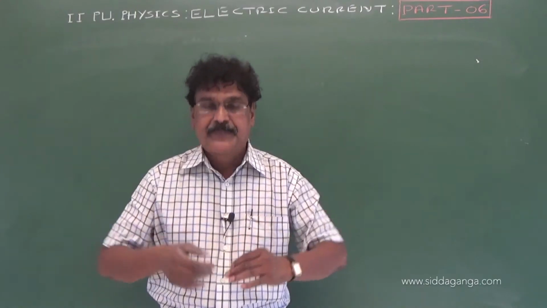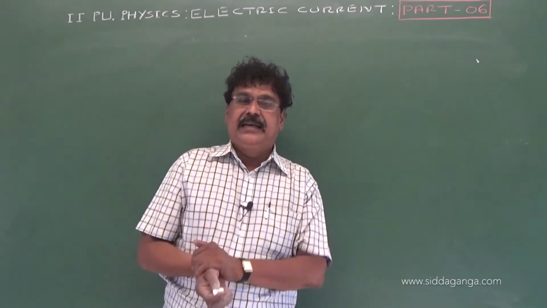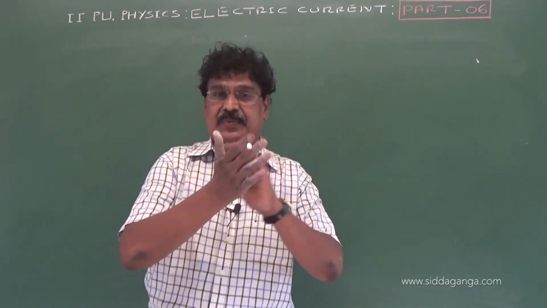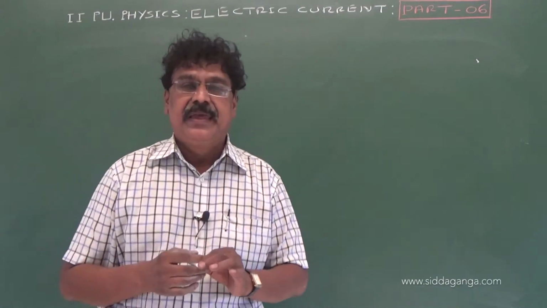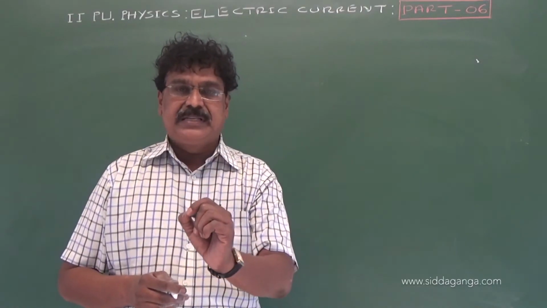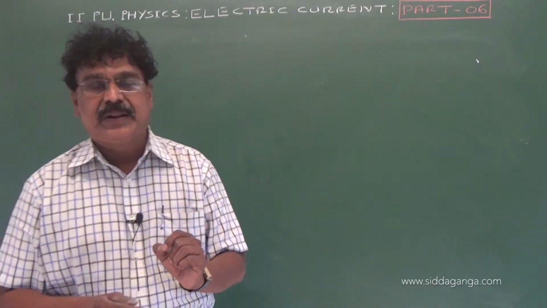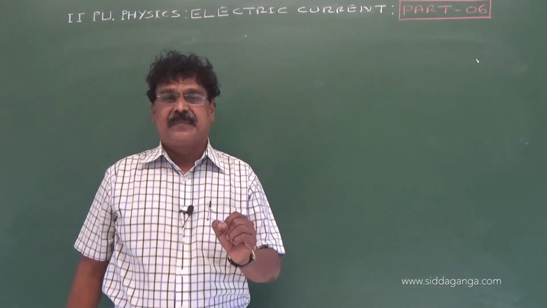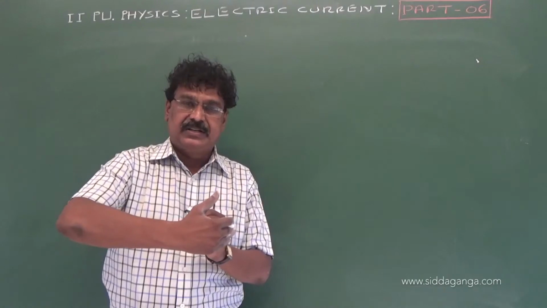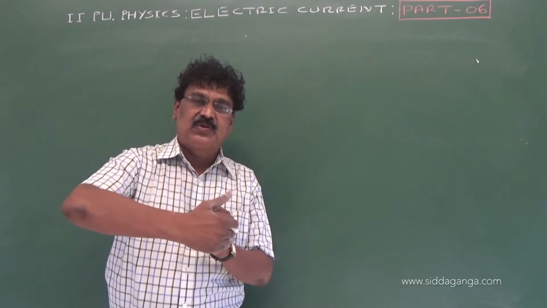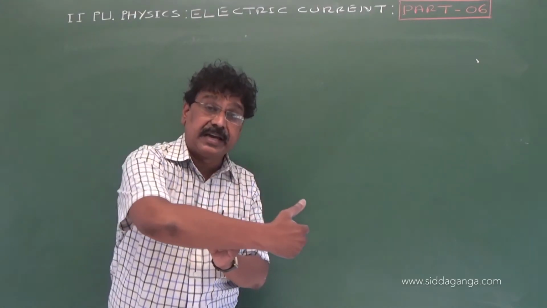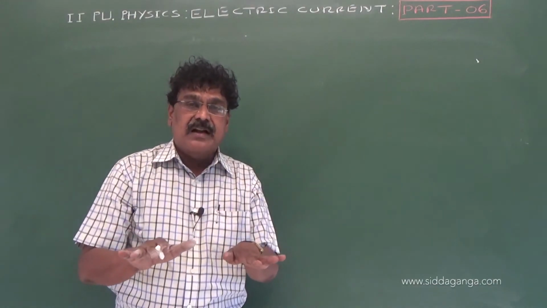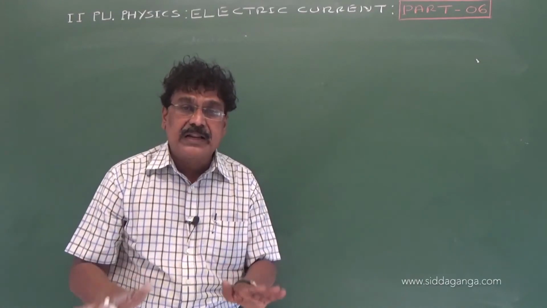For example, we will take a semiconductor diode, PN junction. When P is connected to positive terminal, N is connected to negative terminal, it is said to be in forward biased condition. In forward biased condition, a current flows through the junction diode. It conducts current and offers a relatively low resistance.